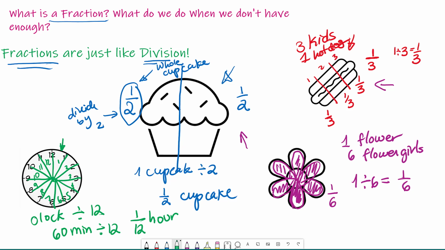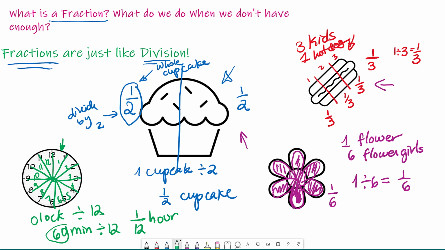Okay? And in the next video, we will look at what happens when we say, actually, I want to write the fraction using the 60. But for now, these examples just show you how to take one whole thing and divide it into a number that is larger than that one. Until now, in division, whenever you divided, you took a larger number and divided it into a smaller number.